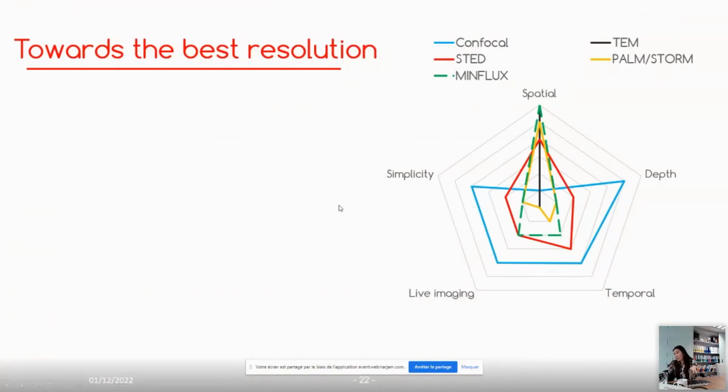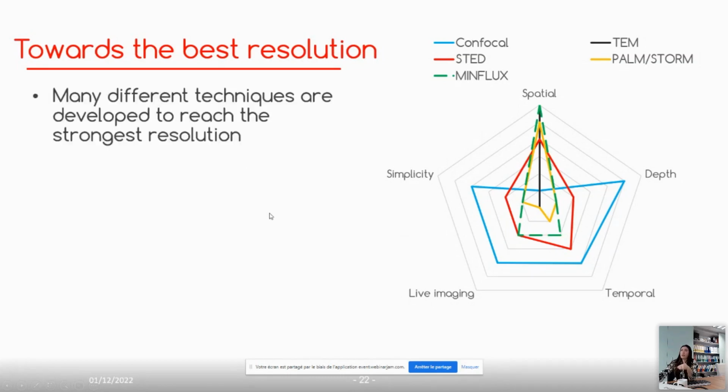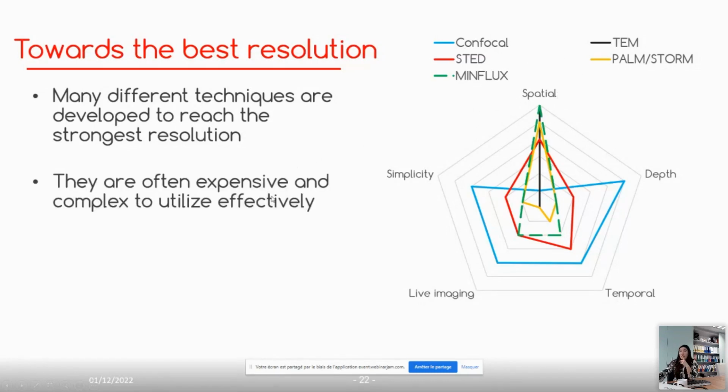So one, very important, is choosing a system or a technology that aims at getting the best resolution. So these are going to be our techniques and technologies and products that really focus on optimizing this part of our pentagon. These techniques are definitely going to get us the best spatial resolution available, but they're often expensive and can involve some complex considerations in terms of alignment, setup, and sample prep.